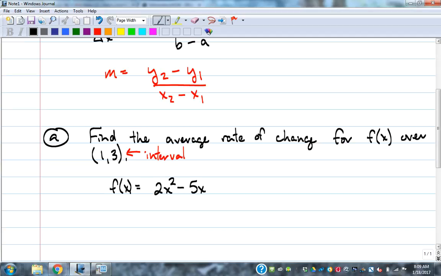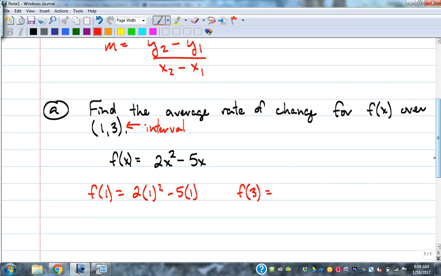Okay, so what we need to do here is find f of 1 and f of 3. That's going to give us the ordered pairs that we need to use to find our slope. Okay.